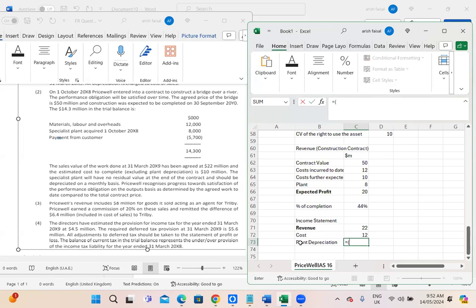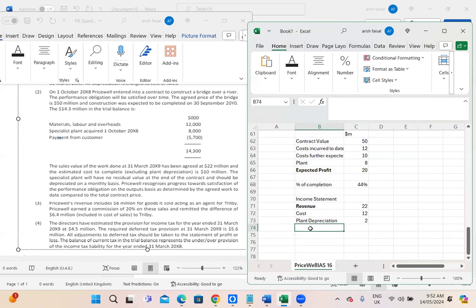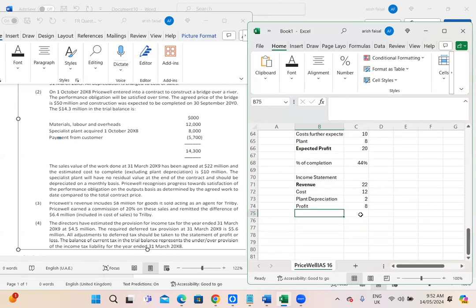So that's going to be 8 divided by 2 years, that's the life, multiplied by 6 by 12 because it told you that it has to be prorated. So that's going to be 2. So the profit would be 22 minus 12 minus 2. Okay, so that's going to be 8 million worth of profit.